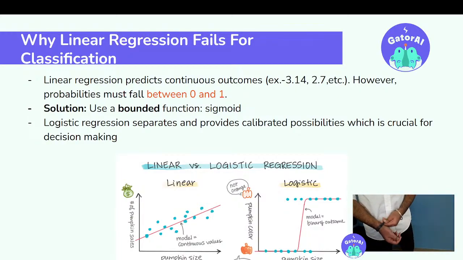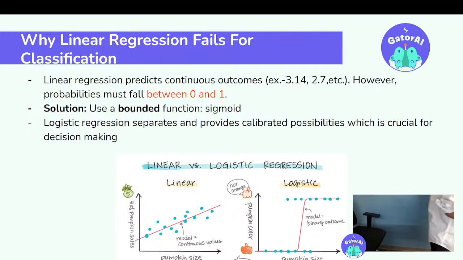Let's say a common question is, what is the probability that the student passes an exam? And if the linear regression model gives you 2.7, that doesn't really make sense because you don't have a 270% chance of passing the exam. At most, you have a 100% chance of passing the exam. So you want your probabilities to fall between 0 and 1.